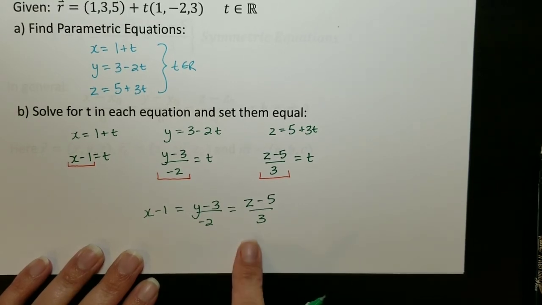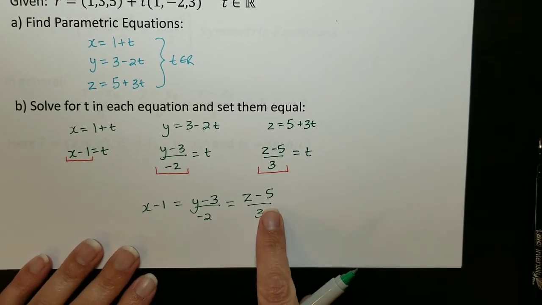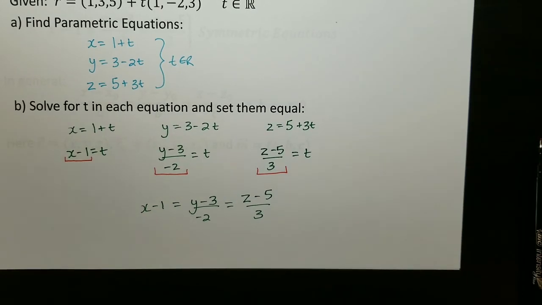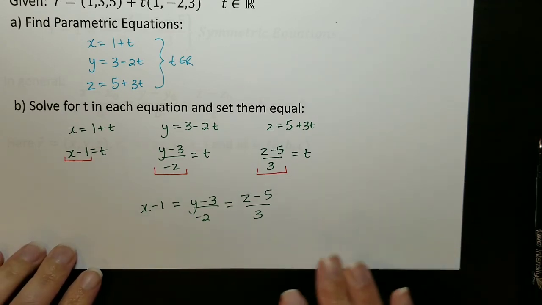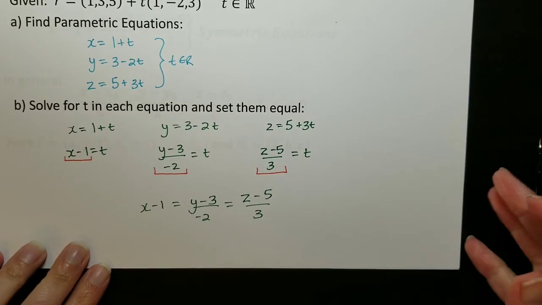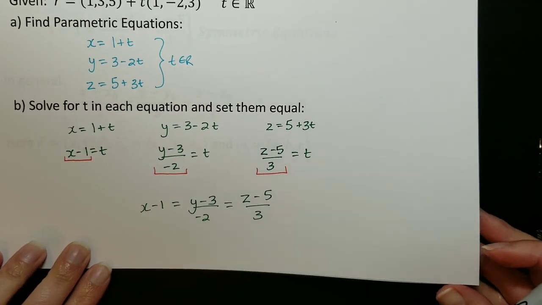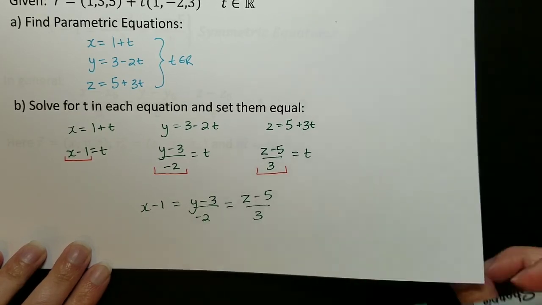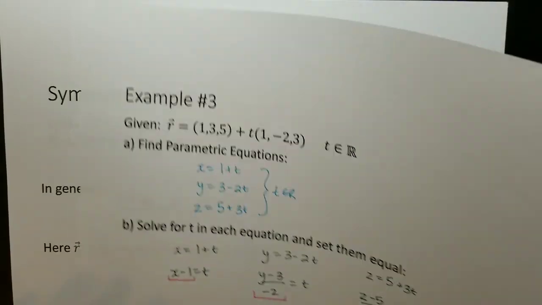So there's no way to make this a simpler equation. And it does remind me of the sine law, where you have three pieces. We know that they're all equal to each other, but we can't simplify that anymore. So this is called the symmetric equations, and that's something that only exists in R3. Those are not a type of equations that we see in R2.